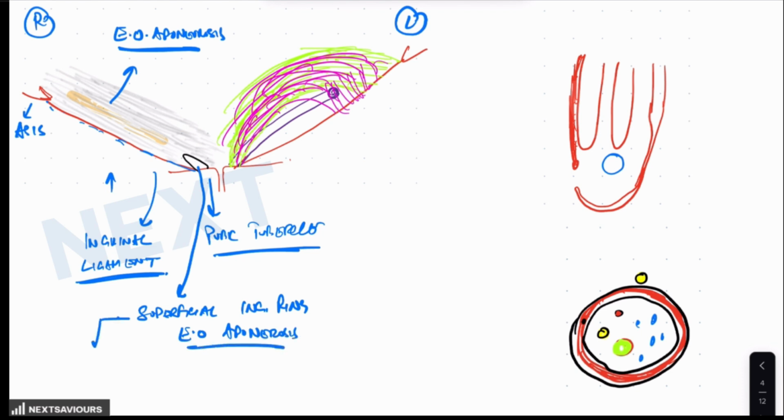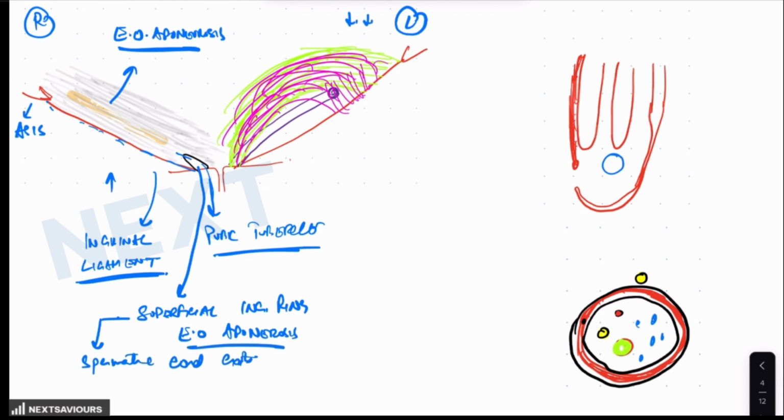It is through this ring that the spermatic cord exits the inguinal canal and enters into the scrotum.